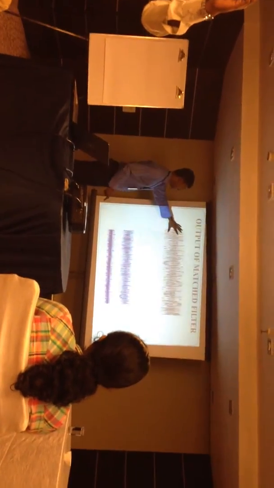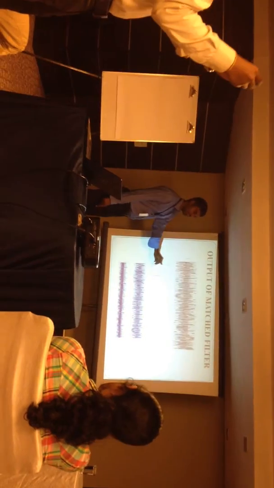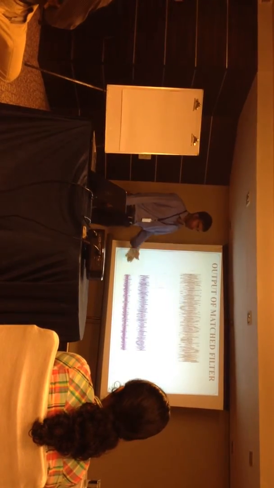I am filtering this output with a Kaiser filter or some filter, whatever I want. After that filtering, I get this sequence. This is multiplied with the 16-bit Gaussian sequence, and the output will be like this. This is the time domain output, and this is the frequency domain output.